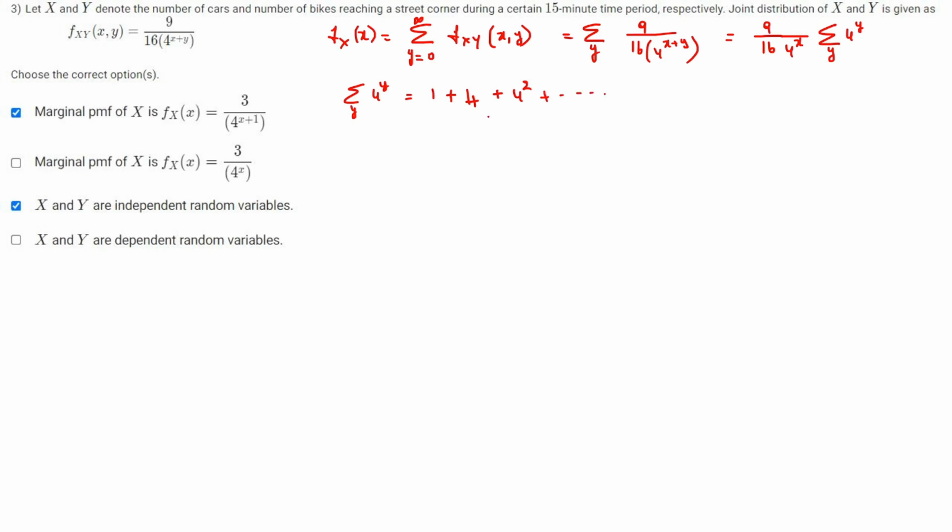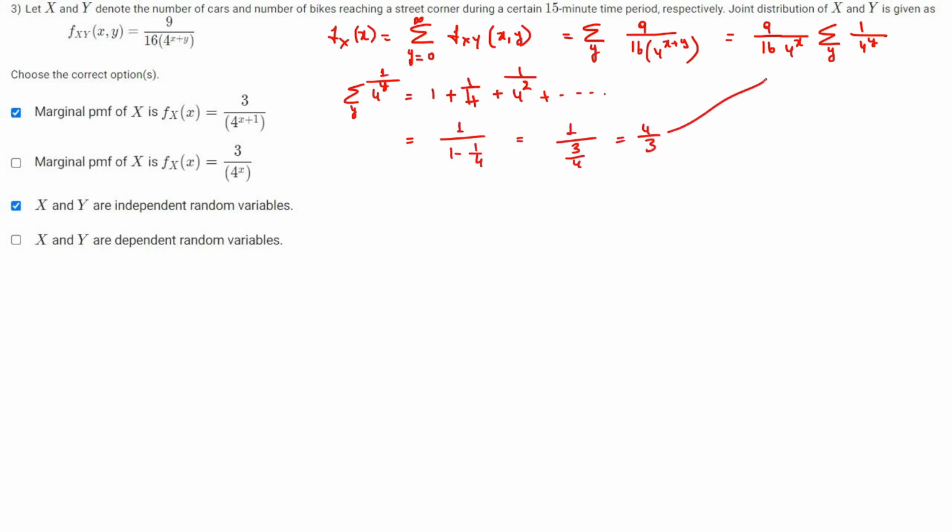Sorry, this is not 4 to the power of y, this is 1 by 4 to the power y. All these are in the denominator. So what is this value? This is nothing but a geometric progression, the sum of which is 1 divided by 1 minus 1 by 4, that is 1 divided by 3 by 4, which is 4 by 3.